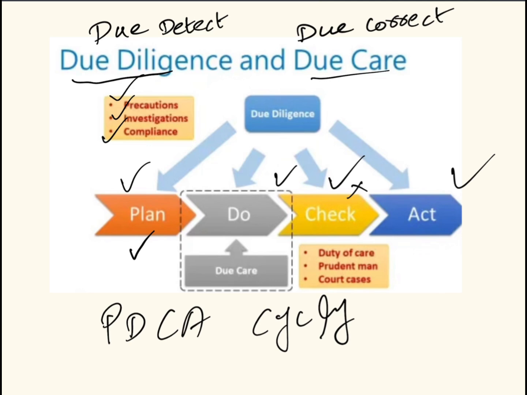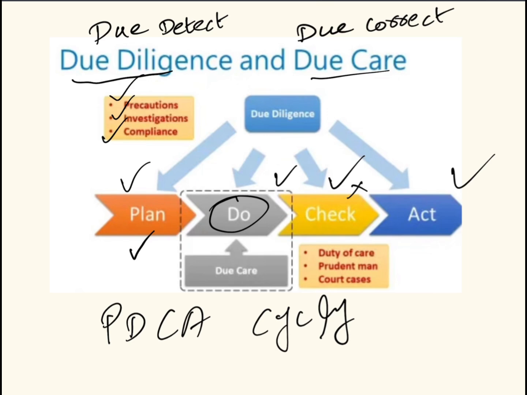Now due care: do the right thing. It is associated with the do implementation phase. What it involves is taking practical actions to mitigate known risk, applying controls that were identified during due diligence, fulfilling your duty of care as a prudent person.